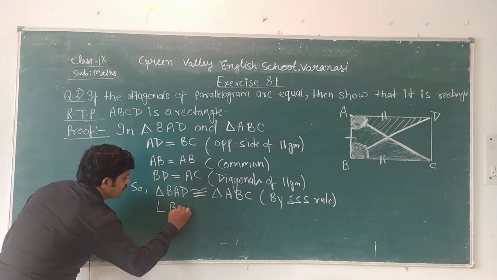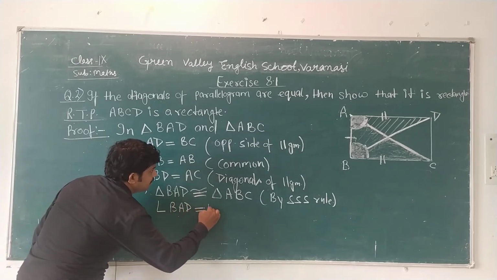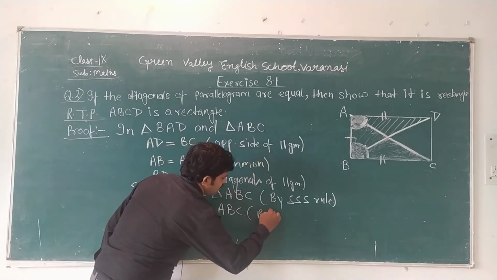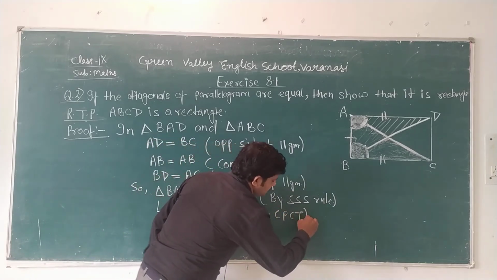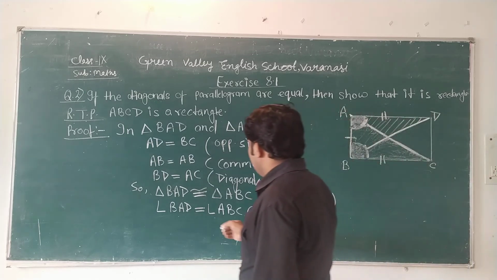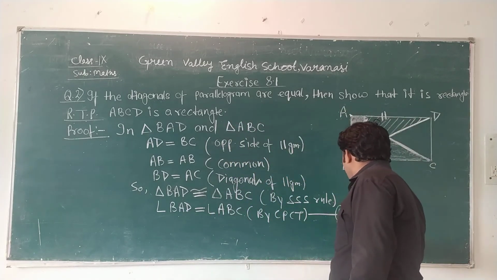Angle BAD is equal to angle ABC by CPCT, corresponding parts of congruent triangles. This is equation number 1.